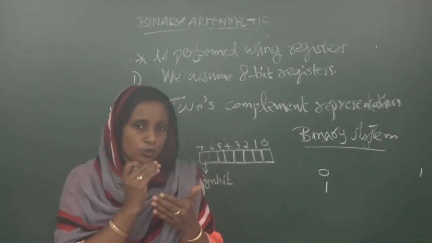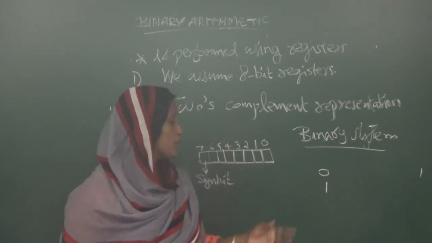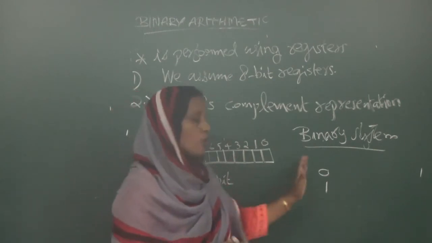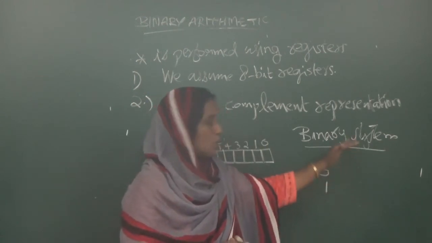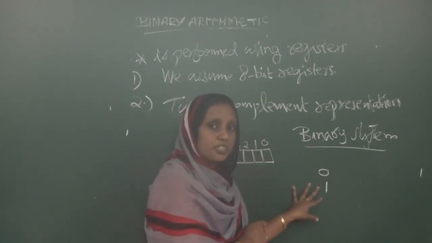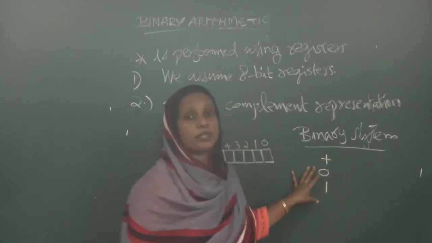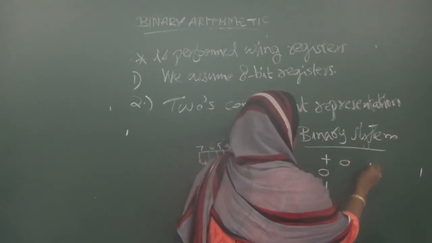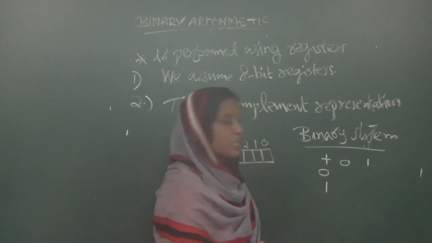So, we have to know the rules related to adding these two numbers, zeros and ones. I am using a column and row to represent the rules of binary addition. To represent addition, I put here a plus symbol, and write 0 and 1 again. In this table we can write the rules.